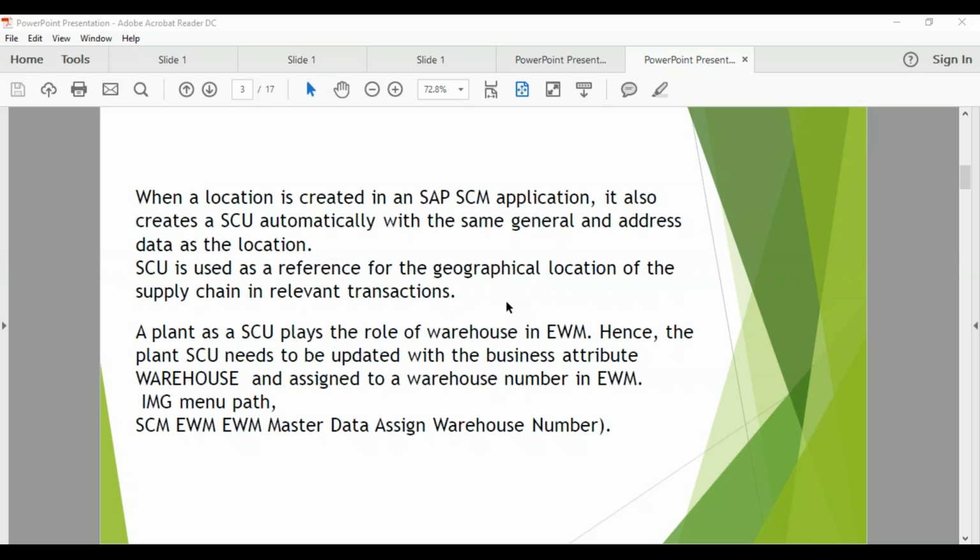Because once the flow is done, it is difficult to move the supply chain unit. It is a kind of permanent thing as master data, which will be assigned to the warehouse. That's one of the important things at the supply chain level.